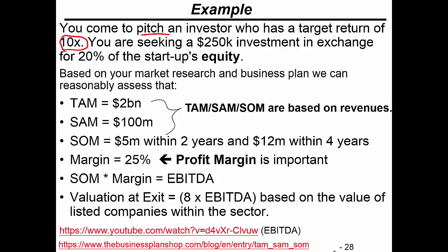So you're seeking like $250,000 investment in exchange for the investor to get 20% of your equity. So they own 20% of your company. Okay, assume you have done some market research and we find out the total available market, TAM, is $2 billion.